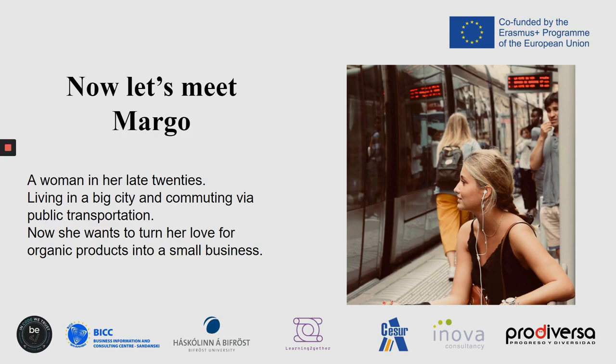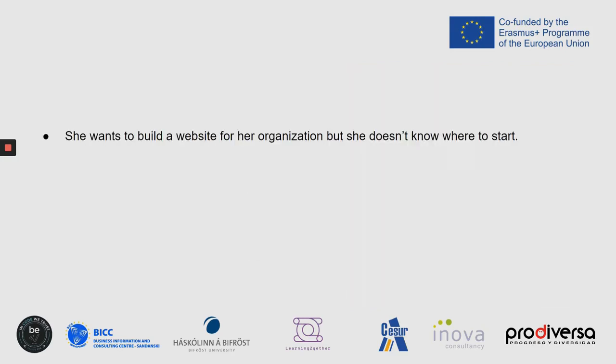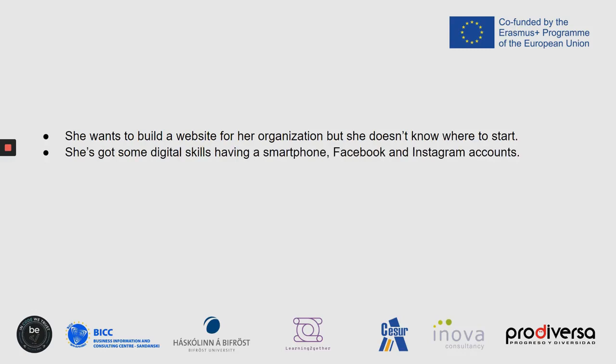Now, let's meet Margot, a woman in her late 20s, living in a big city and commuting via public transportation. Now, she wants to turn her love for organic products into a small business. She wants to build a website for her organization, but she doesn't know where to start. She's got some digital skills.